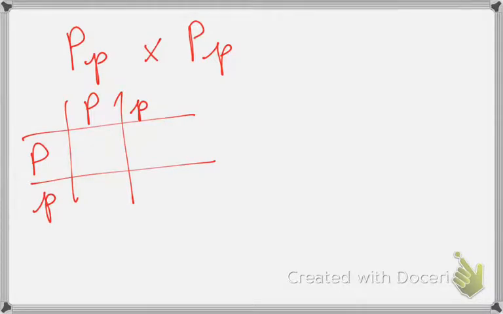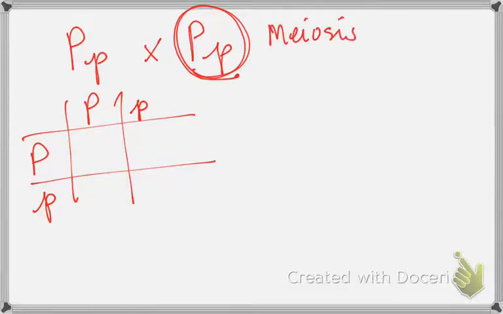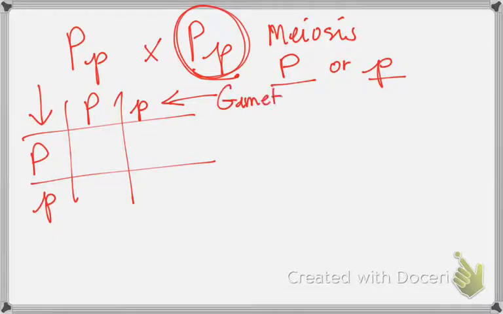Okay? We separate our gametes because these parent cells went through the process of meiosis, and they can produce gametes that have the big P trait or the little p trait. So these top boxes and the side boxes represent our gametes, our sex cells.